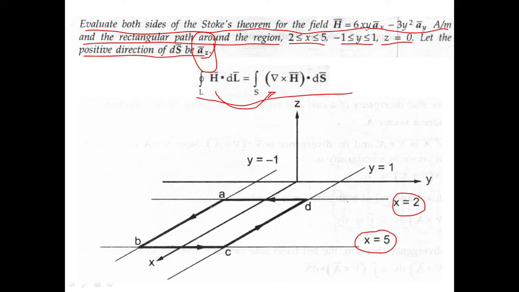So I'll draw two lines here, that is for x equal to 2 and x equal to 5. Then what we have next? We have y between minus 1 to 1. So I'll draw one line parallel to the x-axis at y equal to 1. So this point is y equal to 1 and this point is y equal to minus 1.